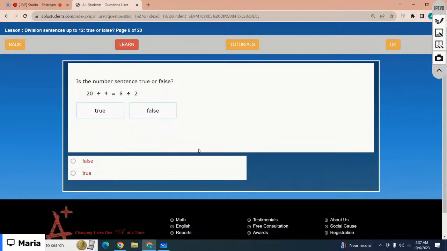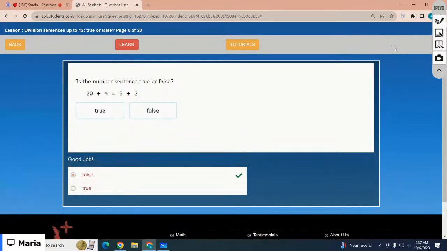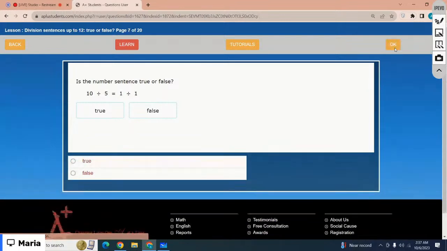What's wrong with you guys? Stop behaving like this. F means false. Is the number sentence true or false? 10 divided by 5 equals 1 divided by 1.